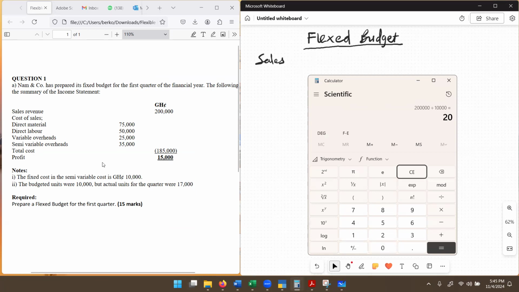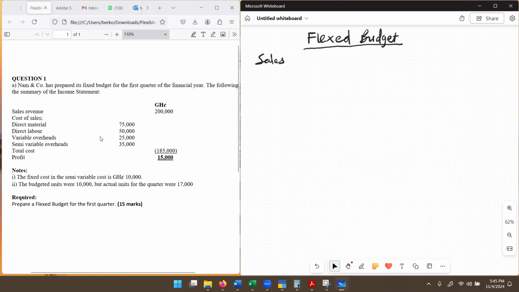That gives us what? 20. So we are multiplying 20 cedis by the new activity level, which is what? 17,000.